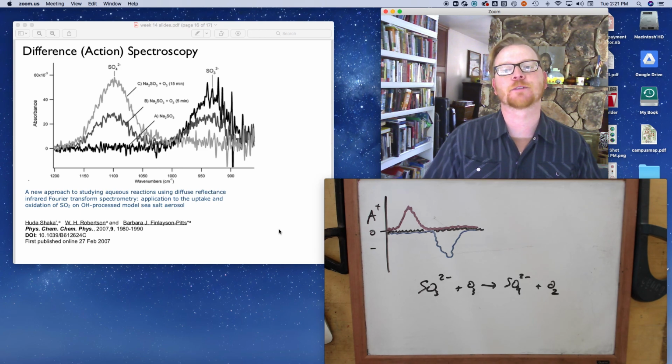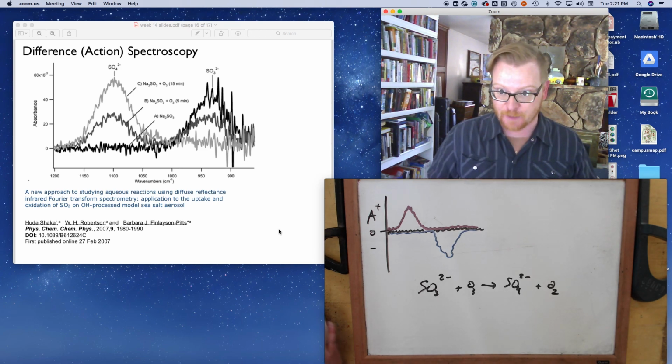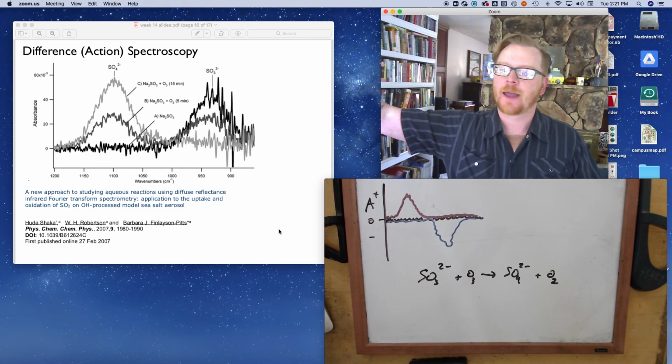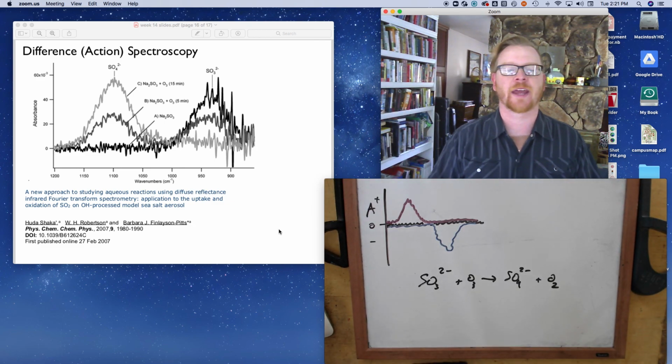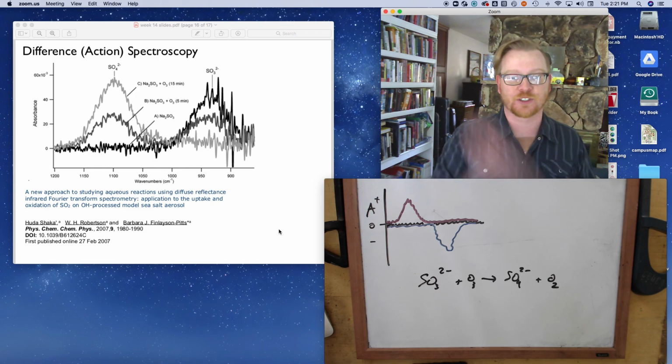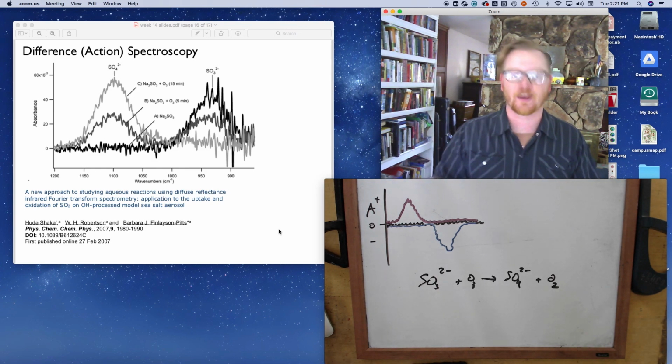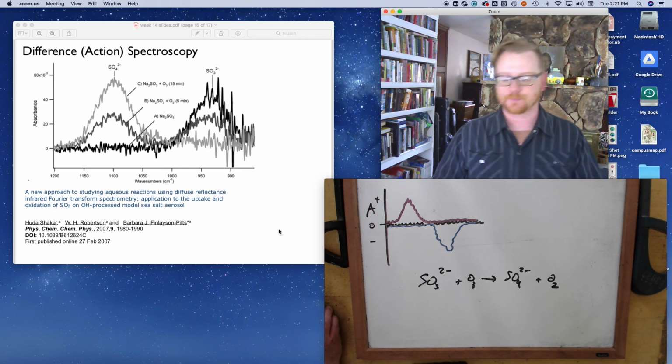You should know the difference between a survey spectrum and an action spectrum. So a survey spectrum is just your traditional sample background, okay? An action spectrum is when you have no background. Your sample is your background, and you're doing something and recording spectra over time.